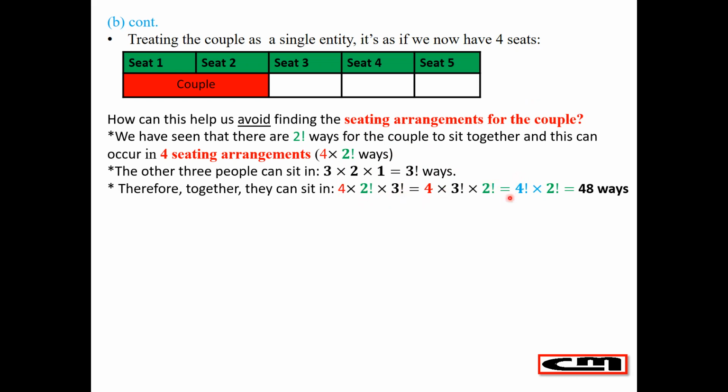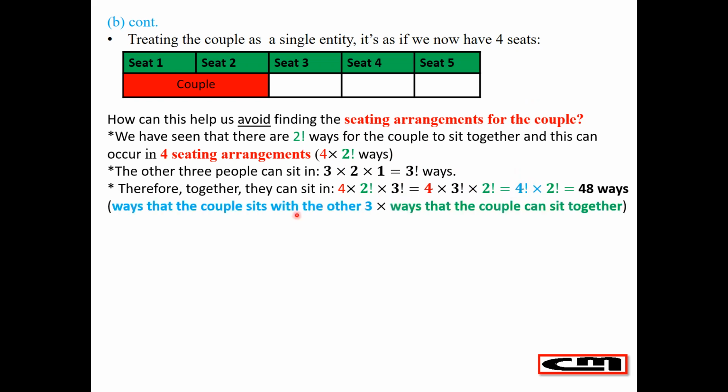But then let us analyze the 4 factorial, what it could mean. We are saying ways that the couple sits with the other 3. That means if you consider a couple as 1, then the other 3, we are getting 4 factorial times the ways that the couple sit together.